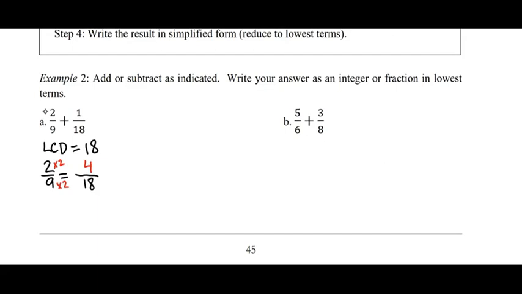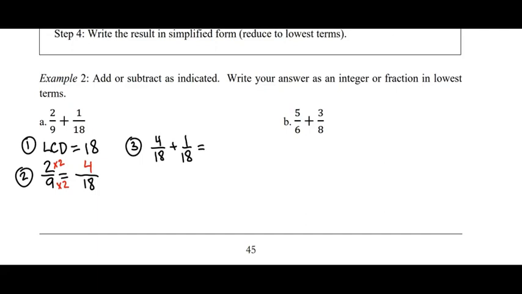We're going to do the same to the 1 over 18. So we're going to take 1 over 18. Oh, we don't need to do anything there, because the 1 over 18 already has the LCD, so we only needed to change the first fraction. So step number 3, we are going to add them. Now I'm adding 4 over 18 plus 1 over 18.